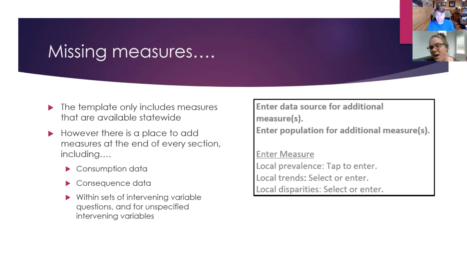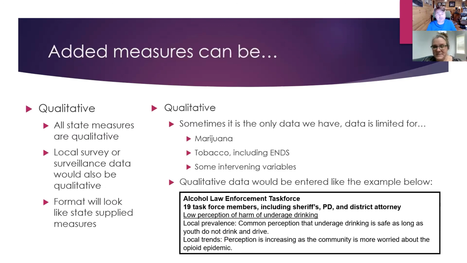We have almost no data related to marijuana, and not really a lot beyond tobacco inspections and 30-day use related to tobacco, including vapes. And so if you have those local data sources, those are things that you would probably want to add to really have a good, strong assessment. We'll move on to, this is the last conversational report for this step.